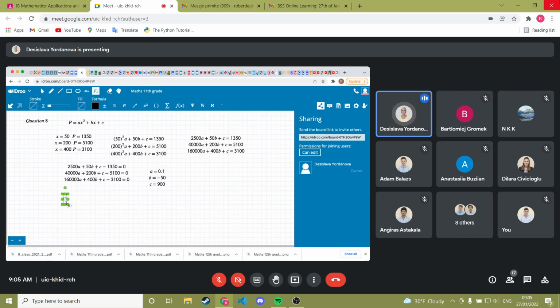Bartek, isn't a minus 0.1? Can you check how you entered the coefficients there? Sorry, could you repeat real quick? Isn't a equal to minus 0.1? I can show you. Yeah, okay, but can you check how you entered the coefficients?